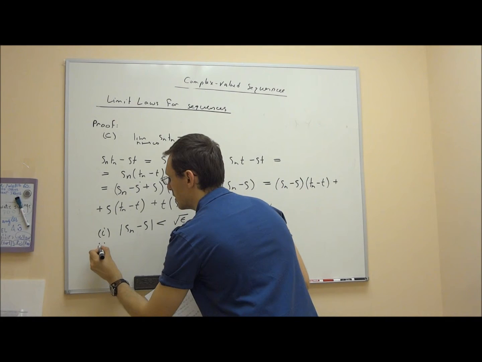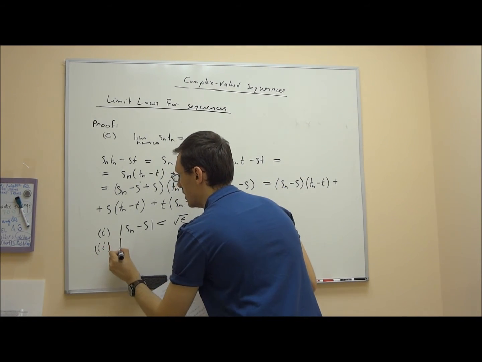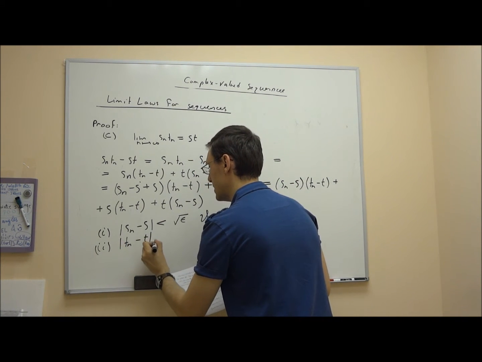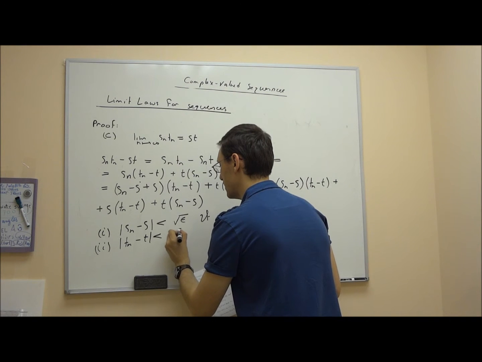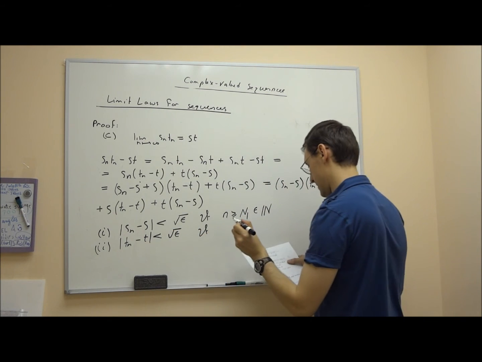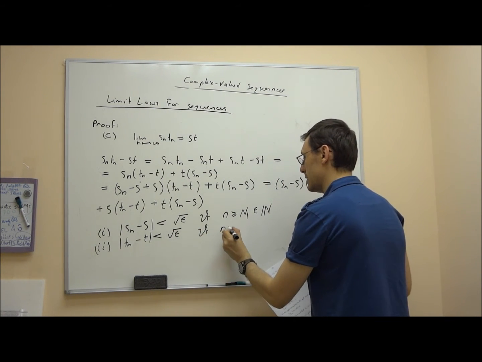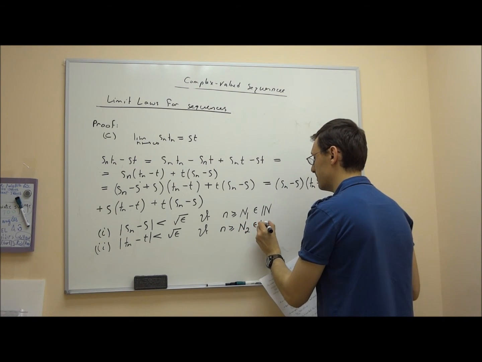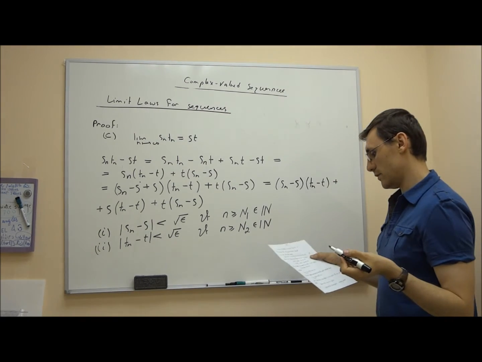And similarly, we can make Tn minus T smaller than root epsilon if n is bigger than or equal to some capital N2, where that's just the integer from which it starts.